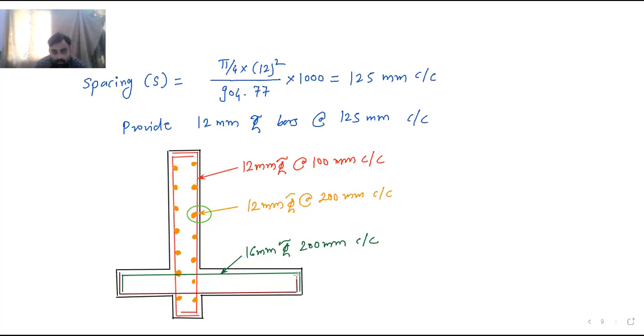Come like this. This is the main steel in toe slab. So what is the main steel in toe slab?